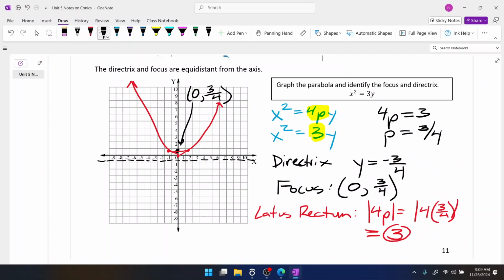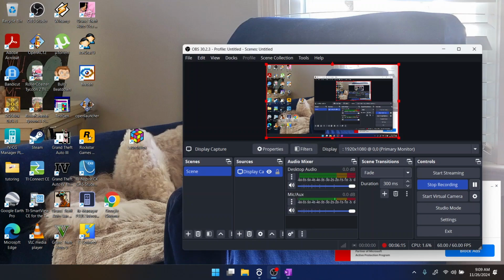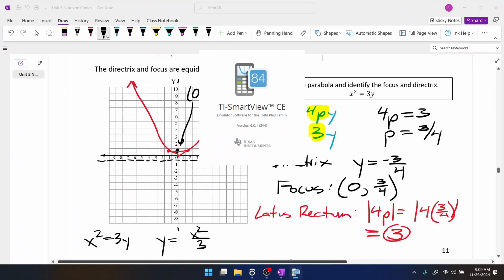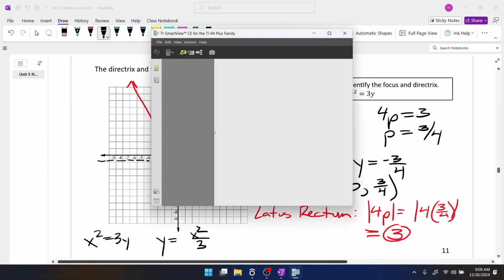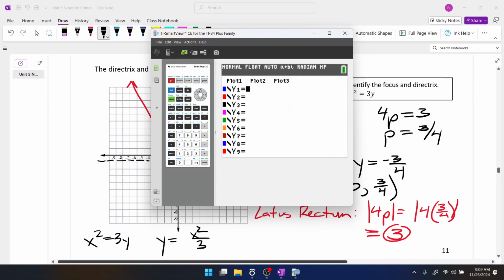Now, again, conventional wisdom, you have x squared equal to 3y, y equaling x squared over 3. Now, if we go to the calculator real quick, I'm going to graph this, y equals x squared over 3, a standard graph at this point.